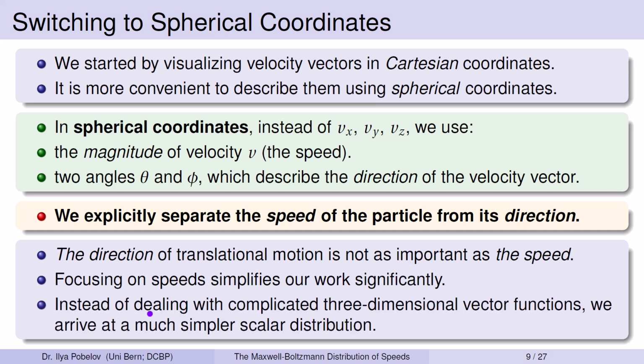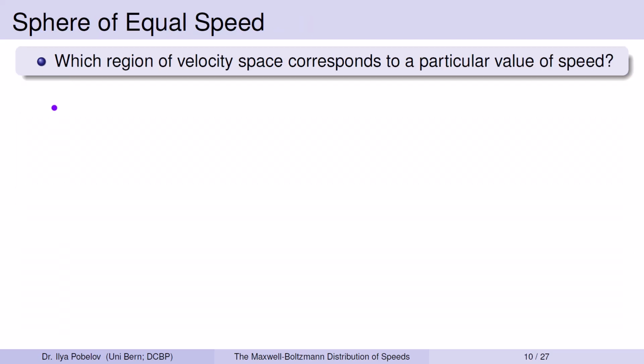Instead of dealing with complicated three-dimensional vector functions, we arrive at a much simpler scalar distribution, the Maxwell-Boltzmann distribution of speeds. To convert the velocity distribution into the speed distribution, we need to consider which region of velocity space corresponds to a particular value of speed.